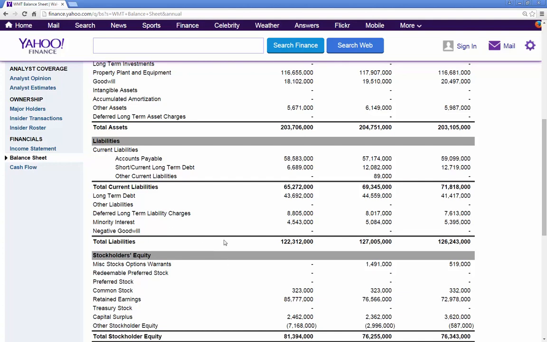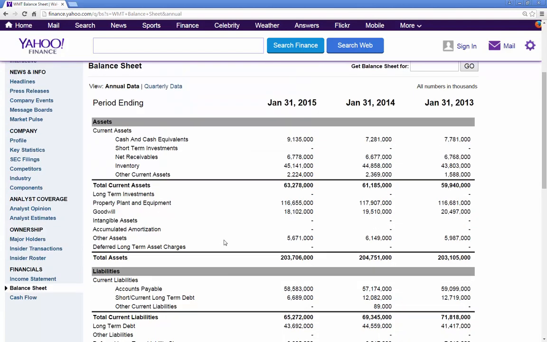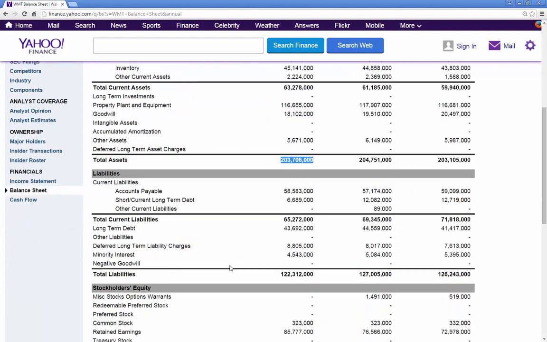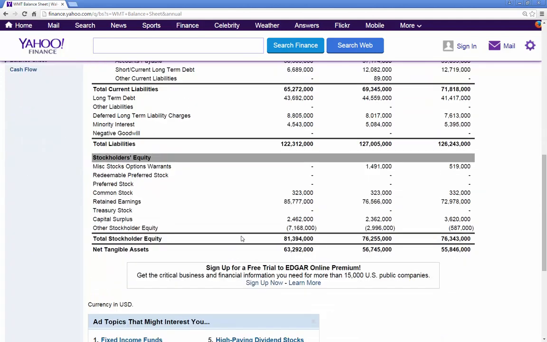And so because assets equal liabilities plus equity, we'll expect that this number, total assets, will always equal the sum of the total liabilities plus the total stockholders' equity.